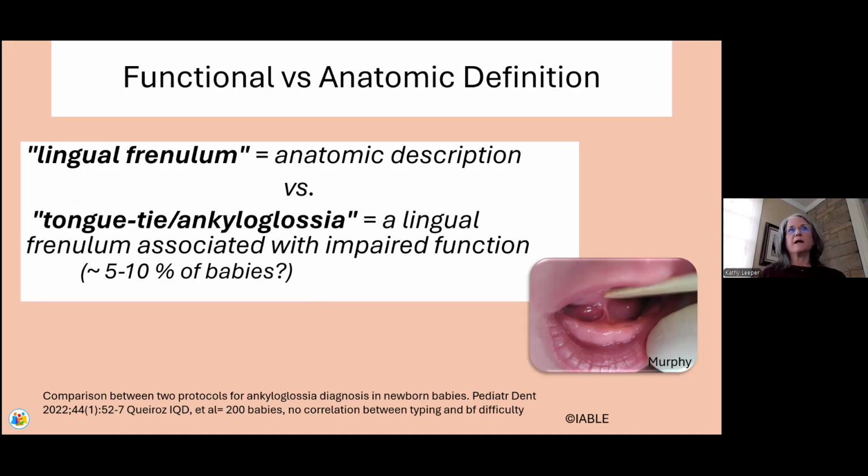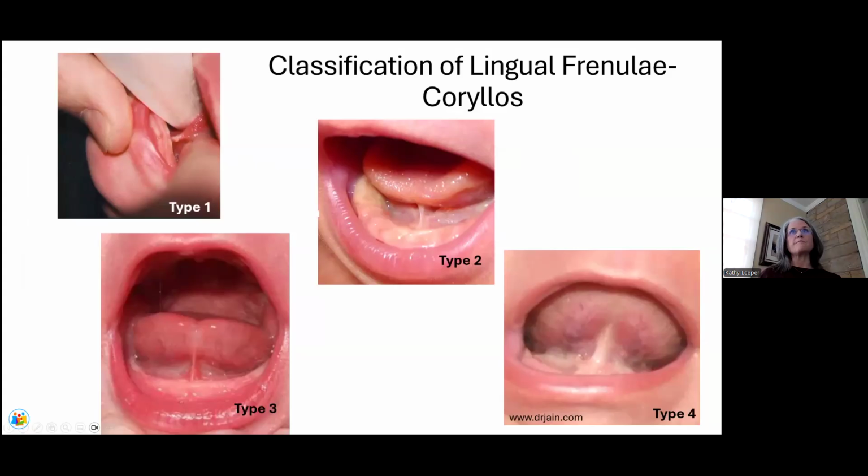So if there is an impairment of function, then it's tied down. But if it's just a structure that's present, then it is a lingual frenulum. So an anatomic description is that yes, there is a frenulum there, but a functional description would be ankyloglossia, which is just Latin for tied down tongue, or tongue tie in English.